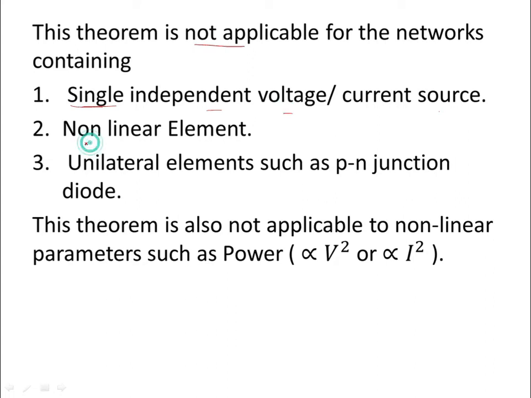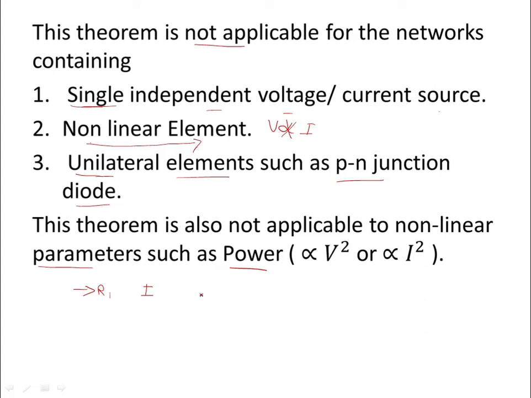Then if any non-linear element is present, non-linear element means V is not proportional to I, or unilateral elements, examples of which are a diode or PN junction diode, then this theorem is not applicable. It is also not applicable to non-linear parameters, for example, power. As you have seen, in the question we had to find the current flowing through R1, so you can find I, current.